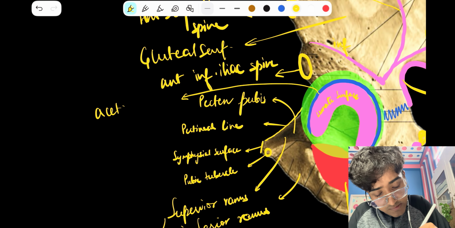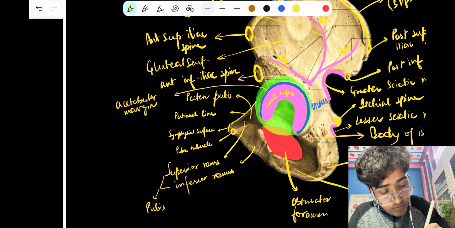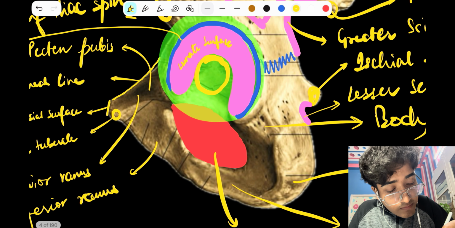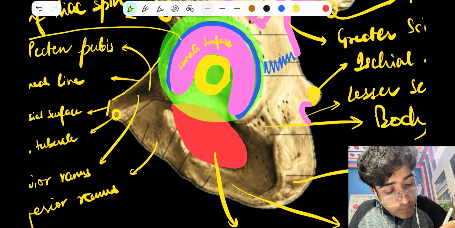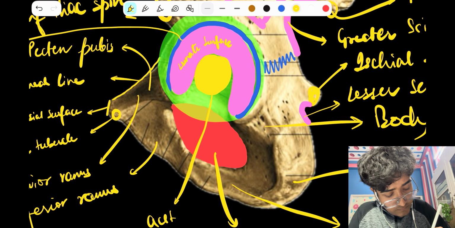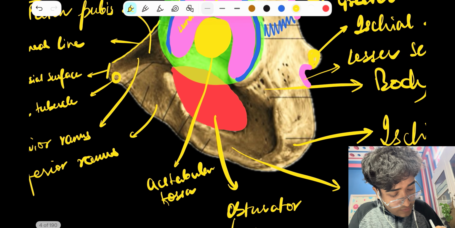This margin is known as acetabular margin. Okay, now see, there is a fossa in here. This fossa is known as the acetabular fossa. Acetabular fossa.